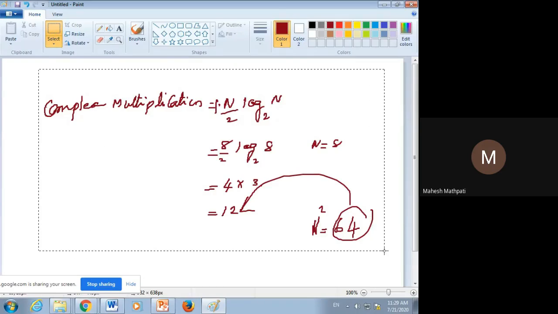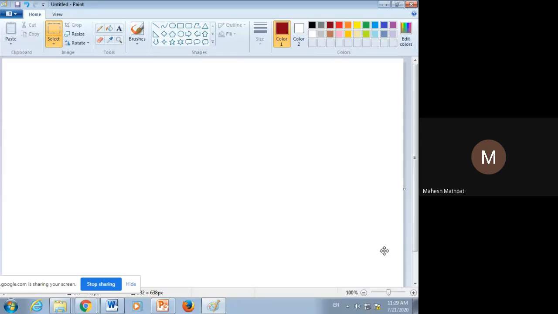Therefore, the complex addition is equal to, can anyone tell me what will be the formula here? 2 into n by 2 log to the base 2 n.